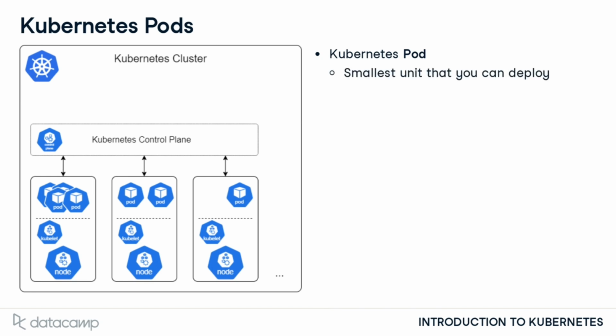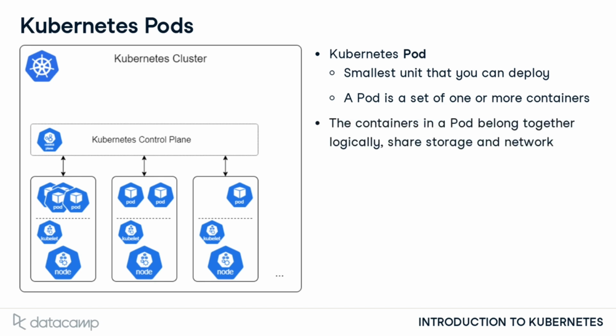Now let's talk about pods. A pod is the smallest computing unit we can deploy in Kubernetes. A pod is a set of one or more containers, for example, Docker containers. The containers of a pod belong together, and for that reason, they are always deployed together. They share local storage and network. Remember, by design, pods are what we call ephemeral.